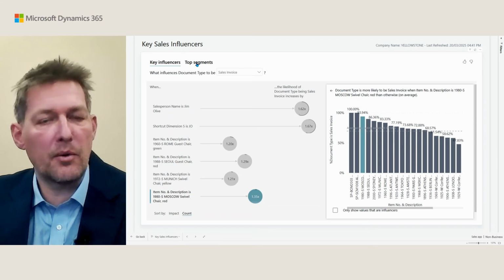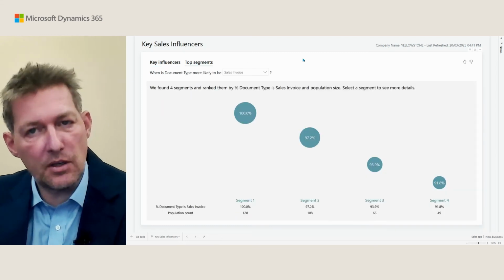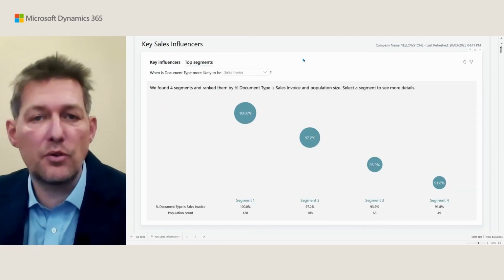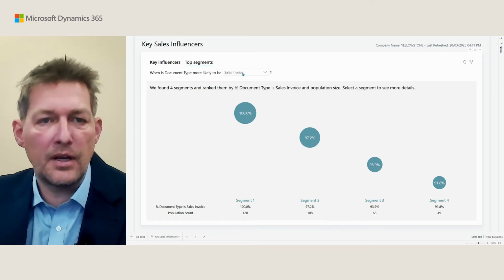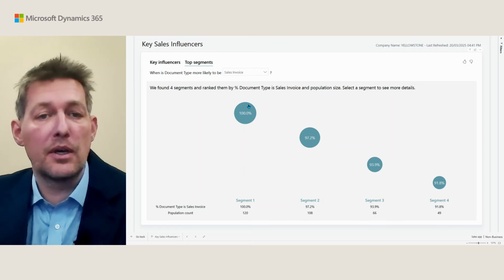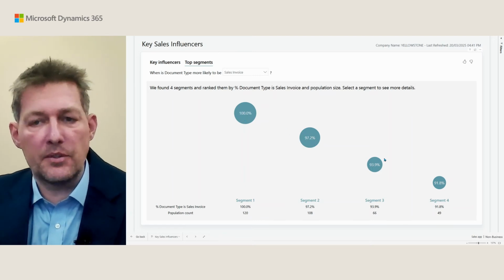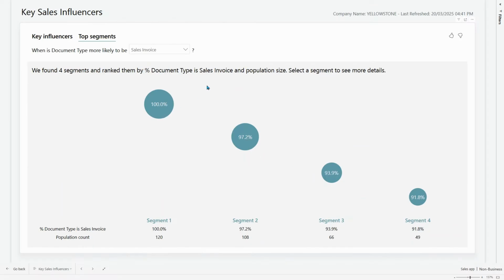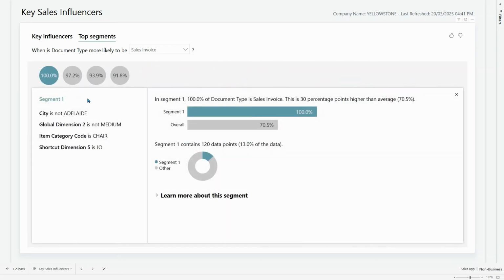The other report is a segmentation of the data space around your sales. Again, we are asking about things that can explain a sales invoice. And the algorithm found 4 significant segments that we can now explore. So let me look at the first one here. In this segment, there are some properties that describe it.